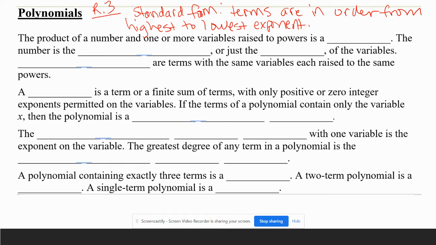The product of a number and one or more variables raised to a power, remember that could even be a 1, is called a term. The number is the numerical coefficient, but we're used to just calling it the coefficient of the variable.